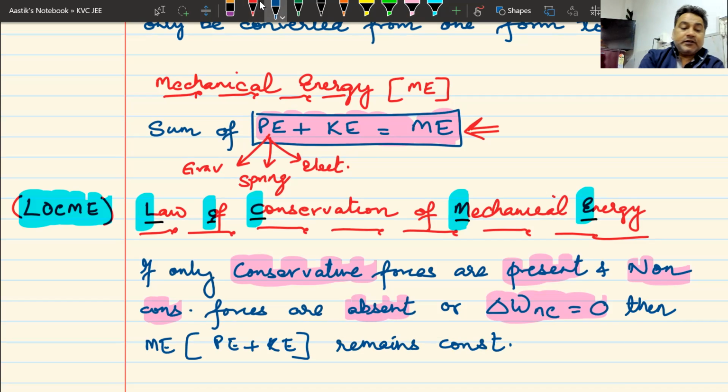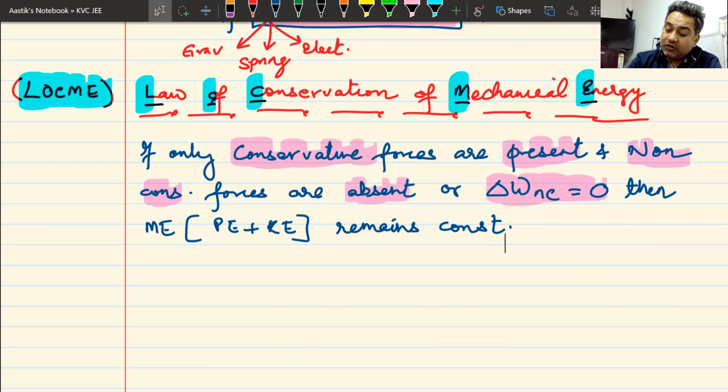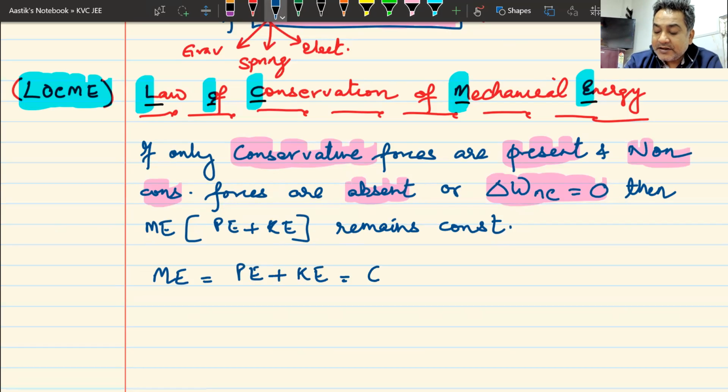This statement is known as law of conservation of mechanical energy. Or mechanical energy at point 1 will be equal to mechanical energy at point 2, which would be a constant.